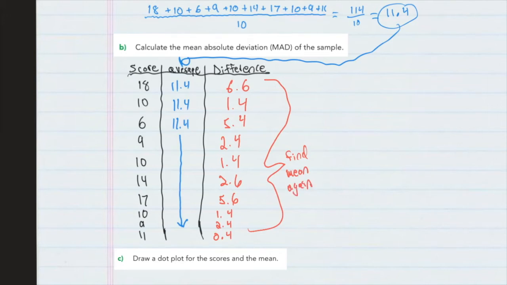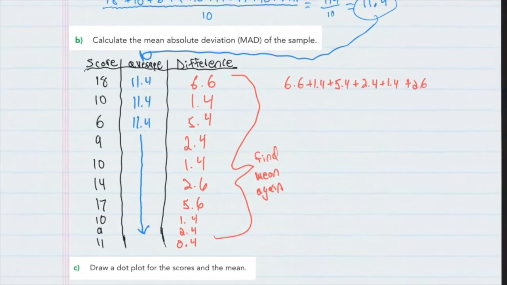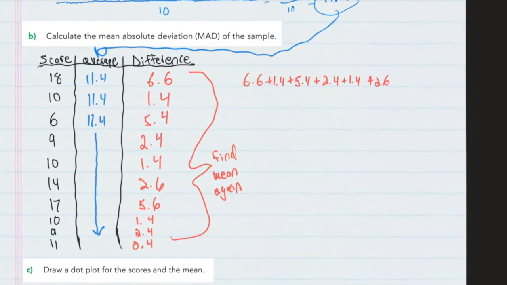So we're adding all of those numbers up and dividing by 10.